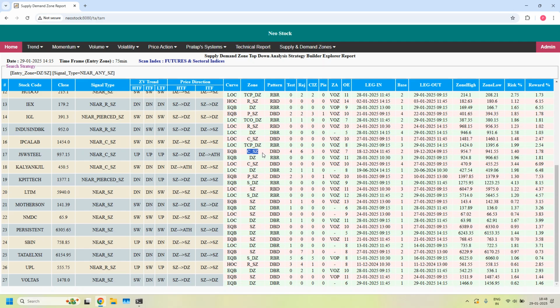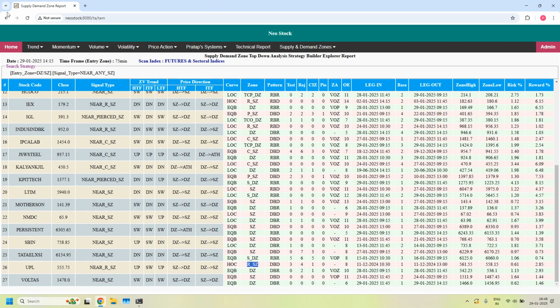JSW Steel is having a high liquidity zone. Kalyani Jewellers is having a high liquidity zone. And UPL is having a high liquidity zone. So in total we identified 7 high liquidity 75-minute supply zones from this list.